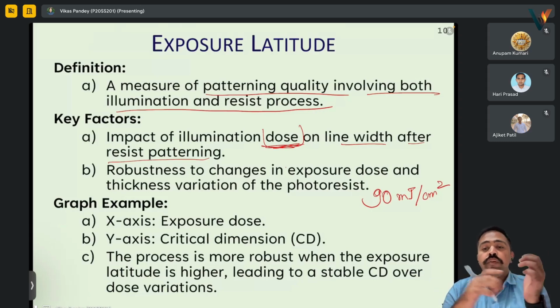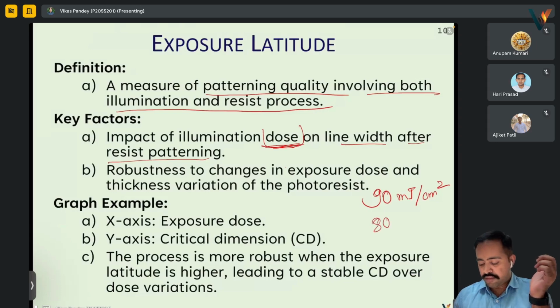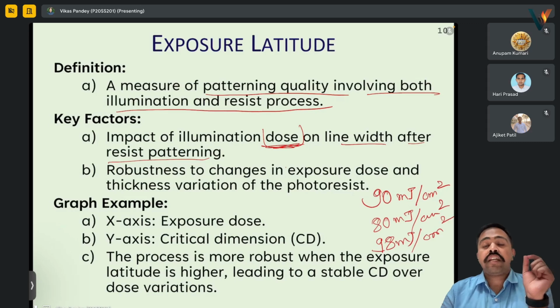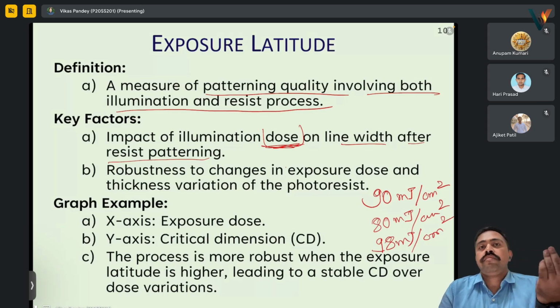So we might be getting something like 80 millijoule per centimeter square, or say 98 millijoule. Such changes, as well as when we are coating the photoresist. Suppose that we wanted 1 micron thickness, but the thickness varied. In some regions it was say 1.2, in some regions it becomes 0.95 micron.